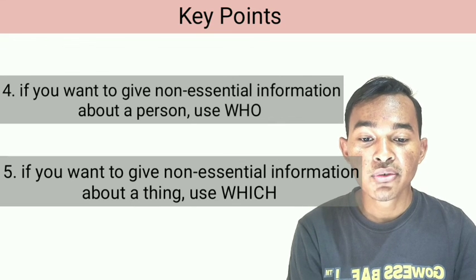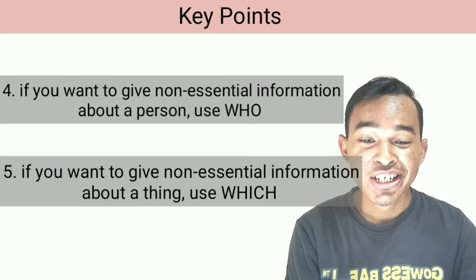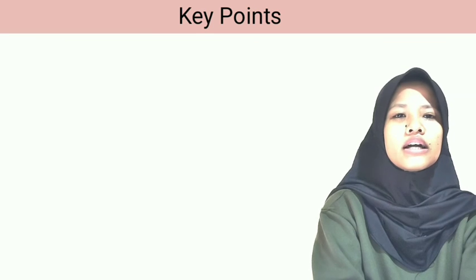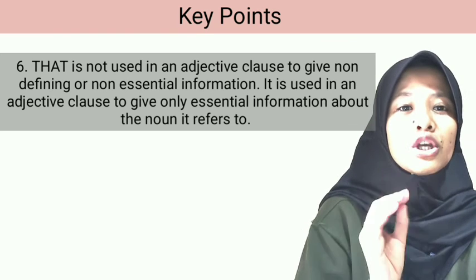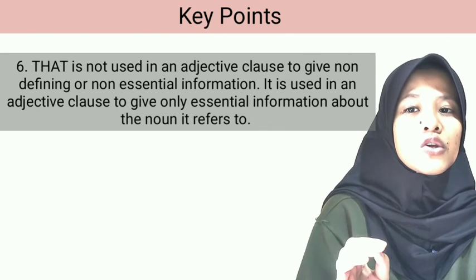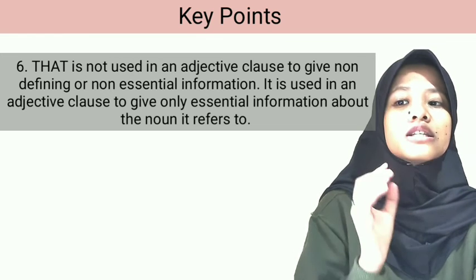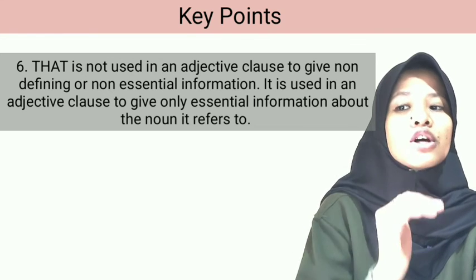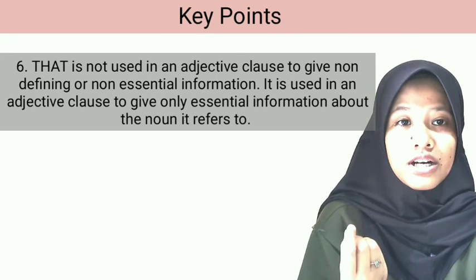If you want to give non-essential information about a thing, use which. The sixth one is that that is not used in adjective clauses to give non-defining or non-essential information. It is only used in adjective clauses to give essential information about the noun it refers to.